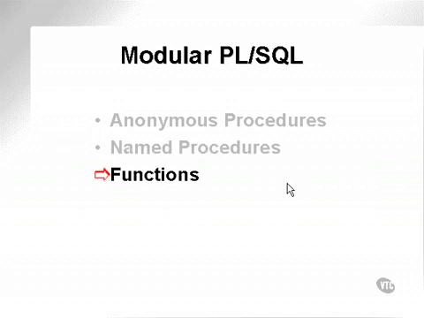Another block type piece of modular code in PL/SQL is a function. This is very simple really. A named procedure is a procedure, a function is a function. Now if you know anything about programming at all, you know exactly what the difference between these two are.